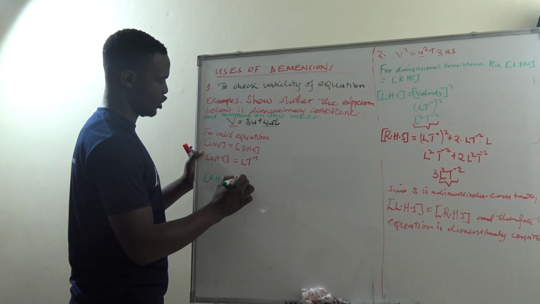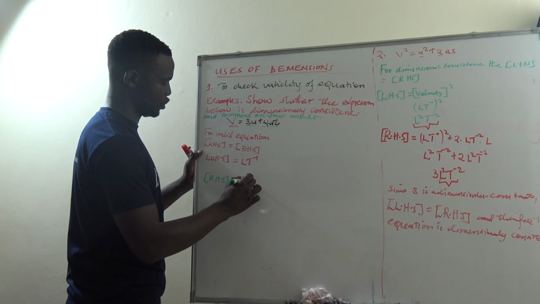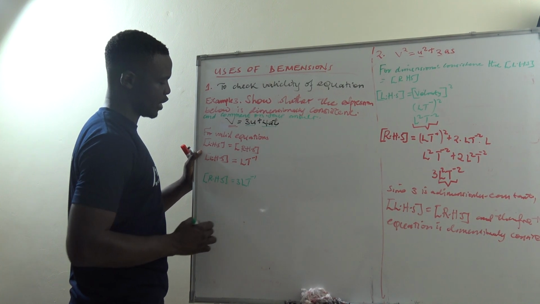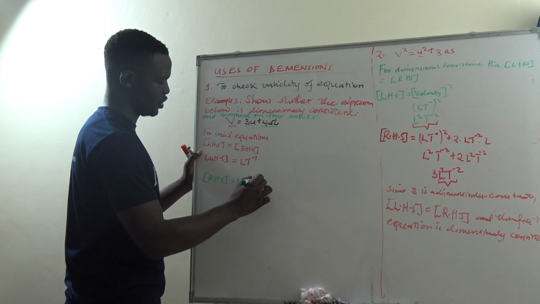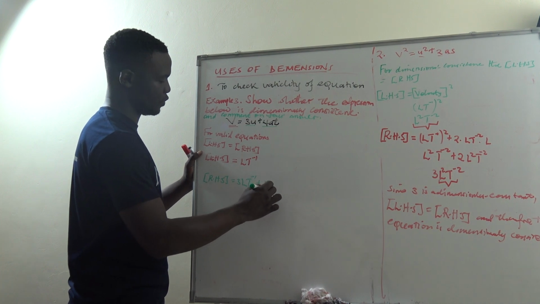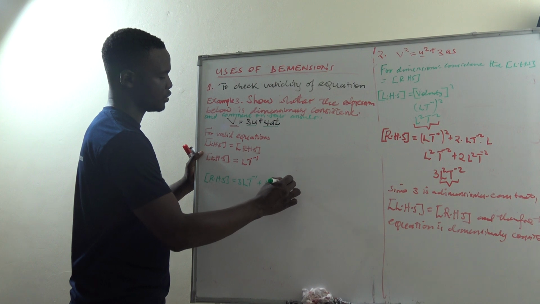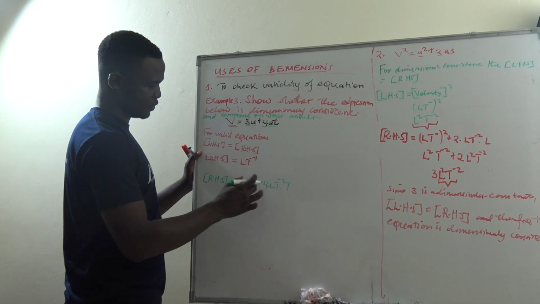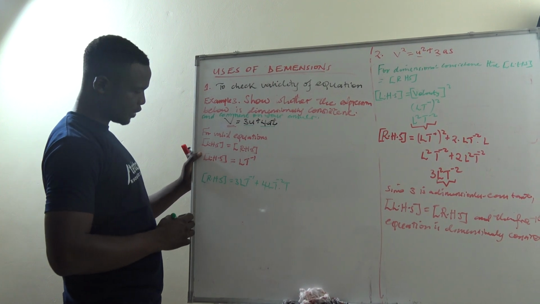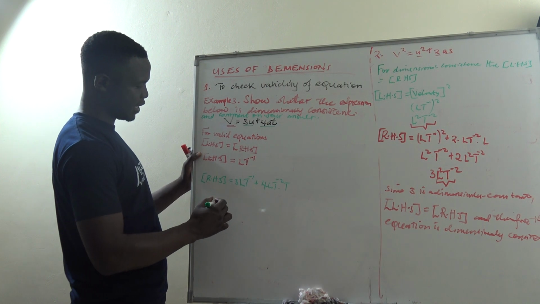So what is the U? U is initial velocity, whose dimensions are L per T, plus the dimensions of acceleration, which is L per T squared, times T. So let's try to do the mathematics here.